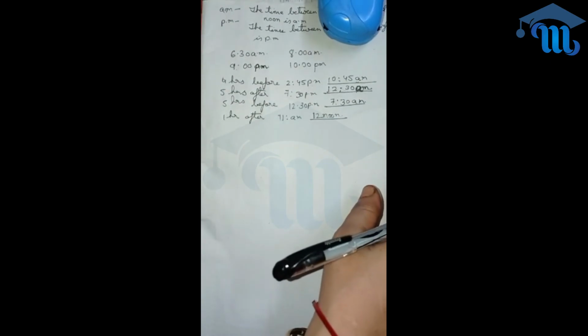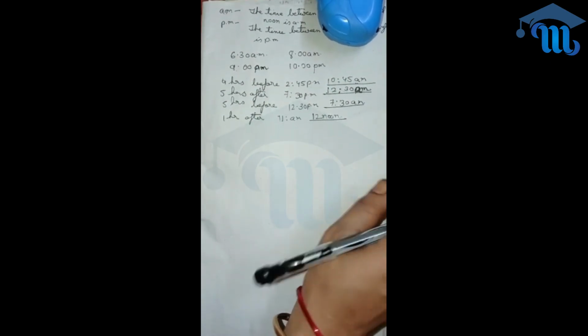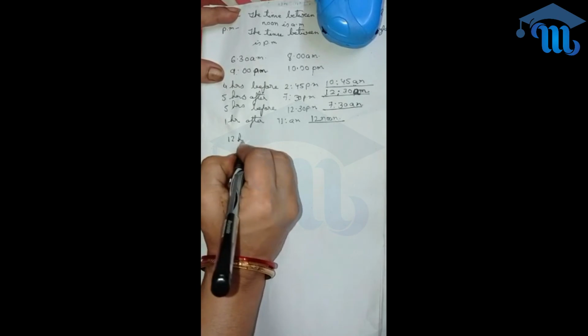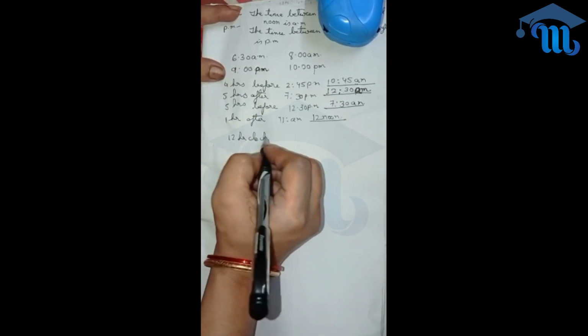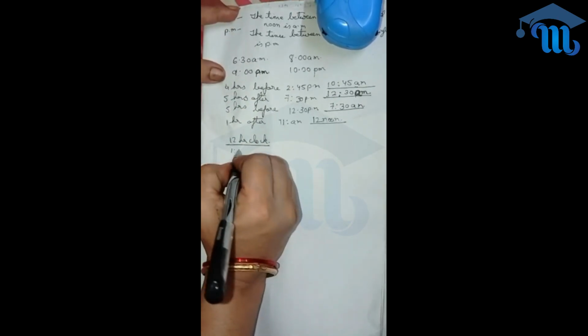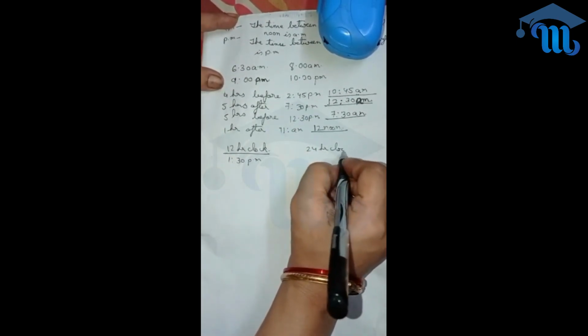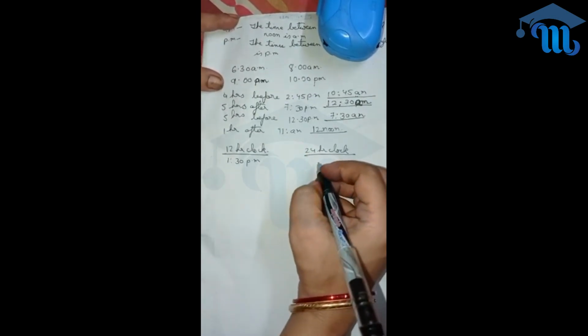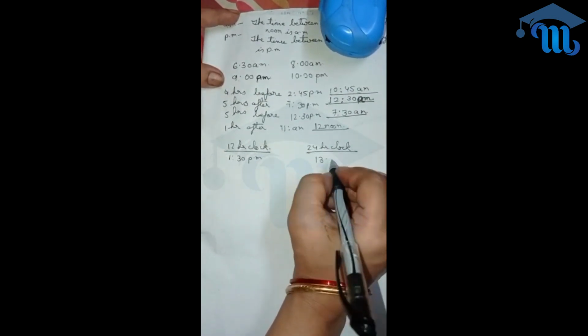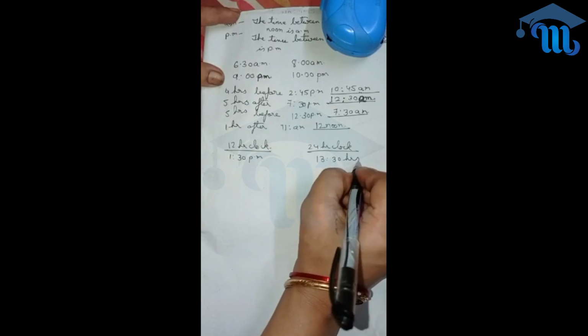We tell the time in 24-hour clock format also, and this is practiced usually in railway stations, airports, etc. So if in 12-hour clock the time is 1:30 PM, in 24-hour clock the same time will be 13:30 hours.